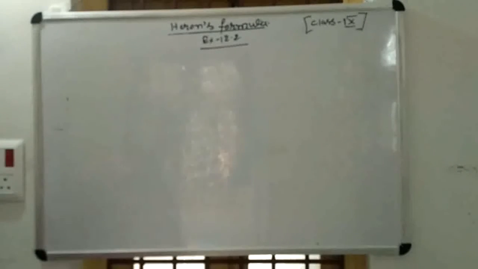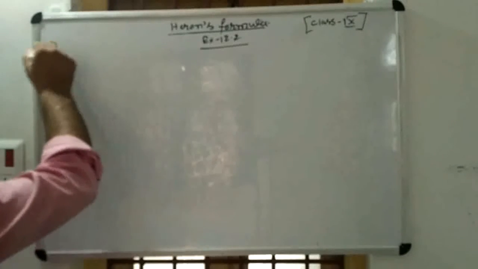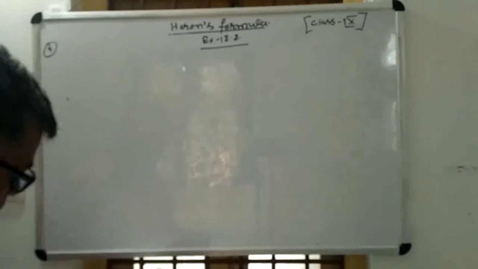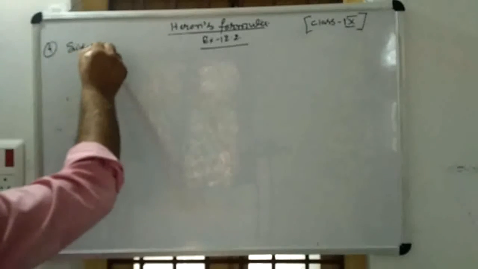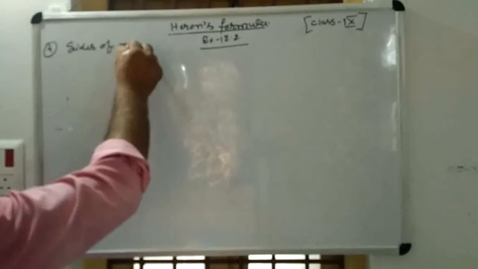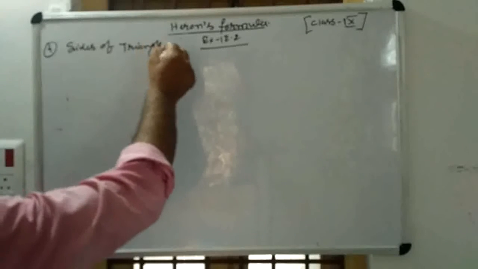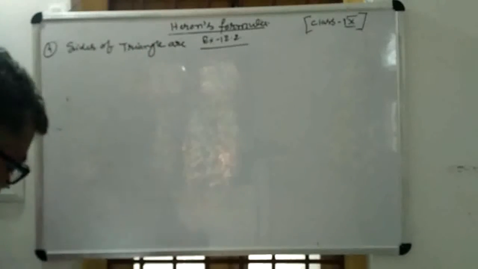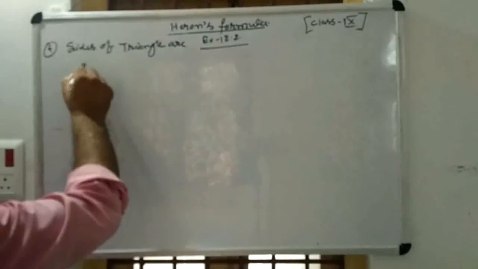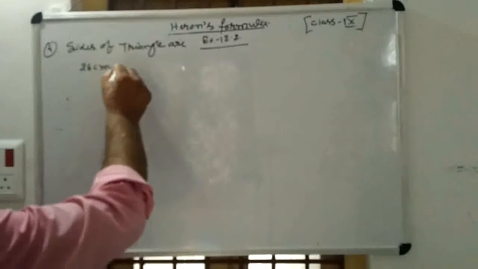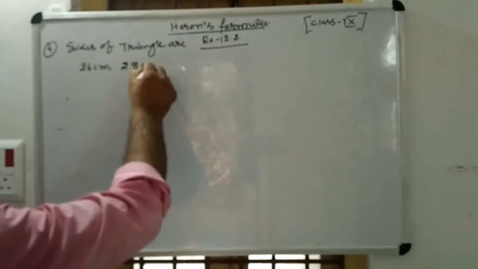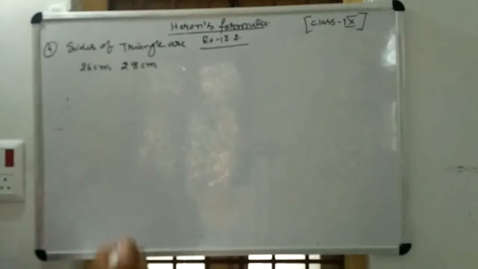See, in question number 4, the sides of the triangle are given. What are the sides given? 26 centimeter, 28 centimeter and 30 centimeter.